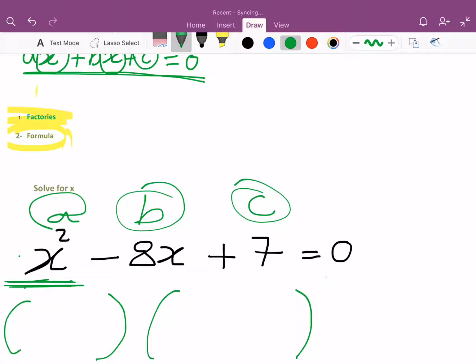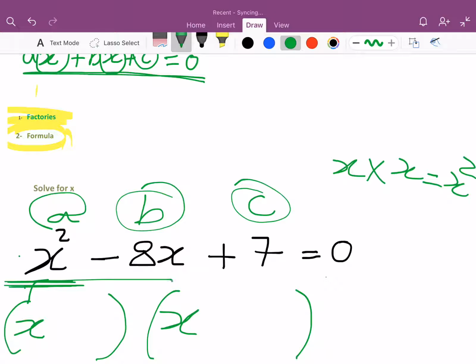I want x squared, so I write x here and x here, because x multiplied by x is the same as x squared.